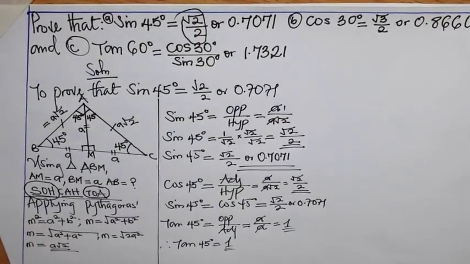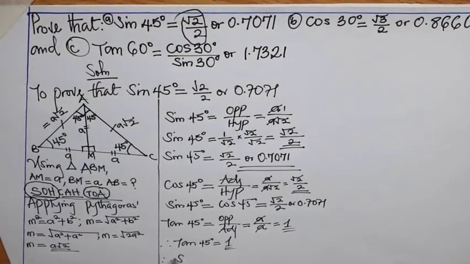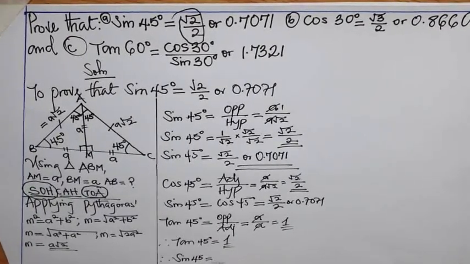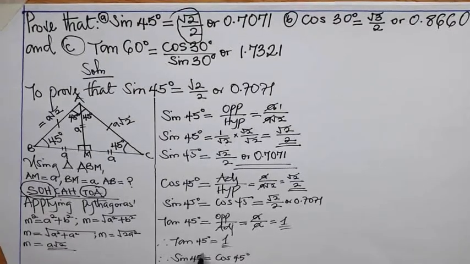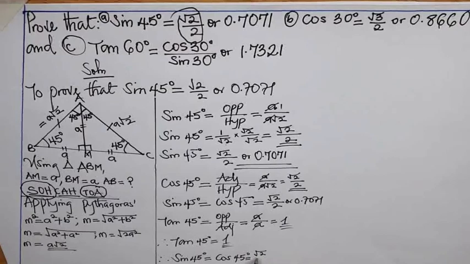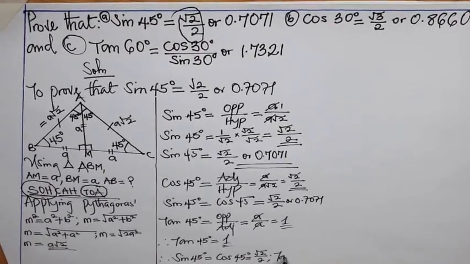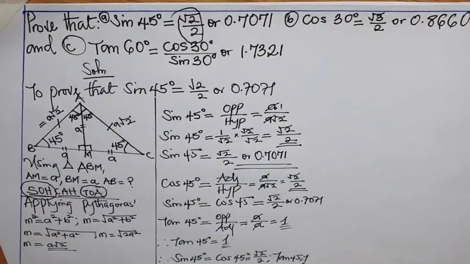So what's our conclusion? In conclusion, we are going to say that sine 45 and cosine 45 are the same, because both of them give us root 2 upon 2. At the same time, tan 45 can be proved to be 1. Tan 45 is equal to 1.